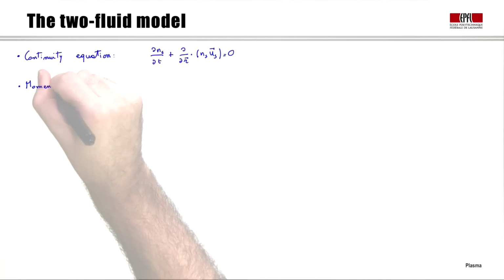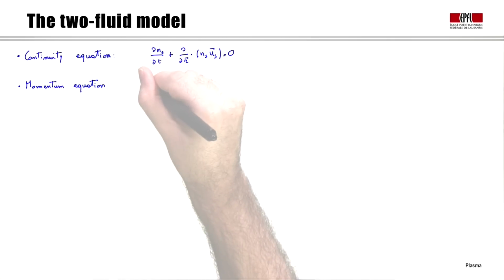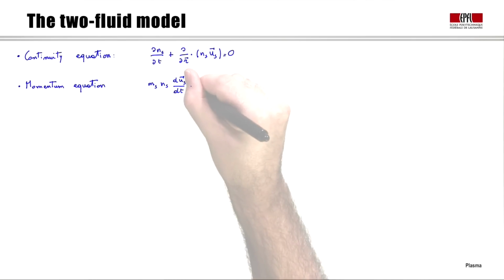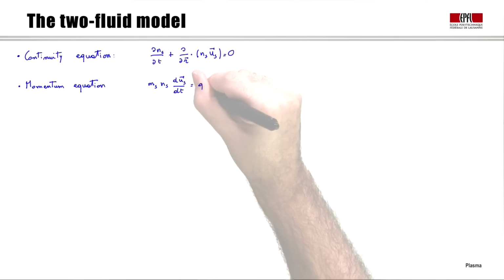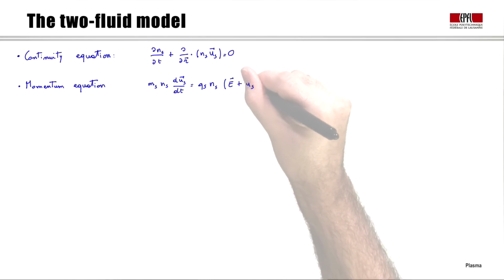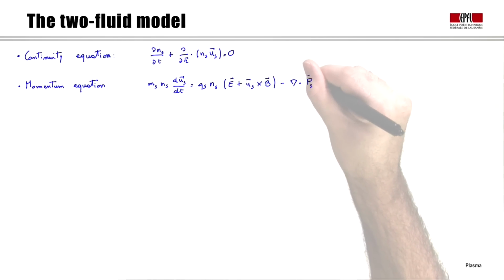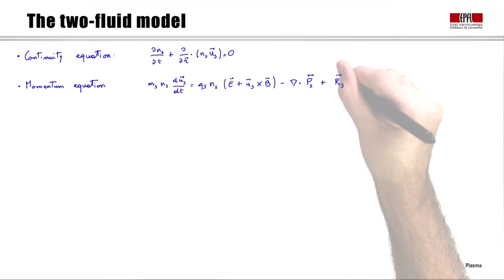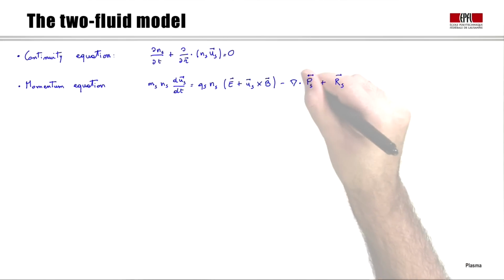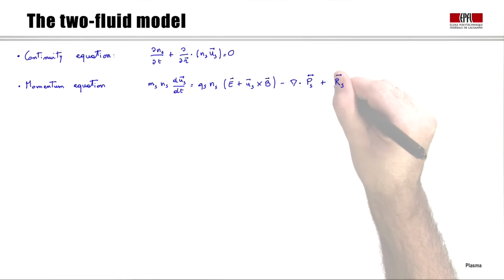A momentum equation, which states that the time derivative of the plasma velocity is due to the forces that are acting on this fluid element. That is the electric force, magnetic force, pressure forces, and friction force.